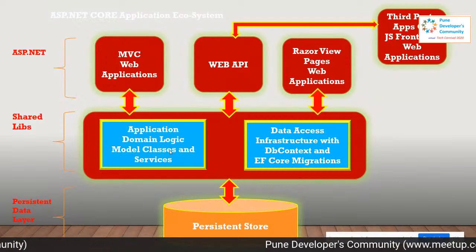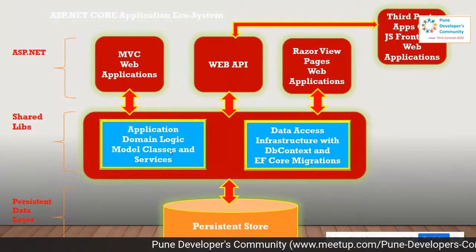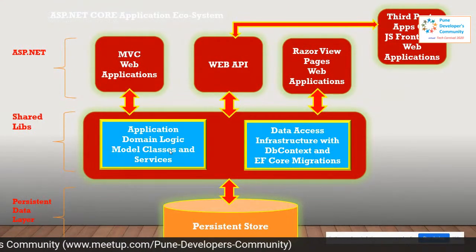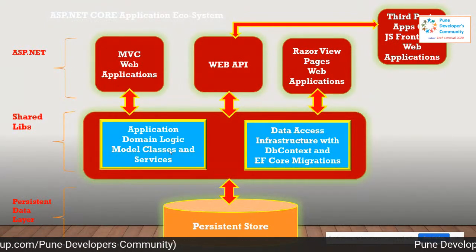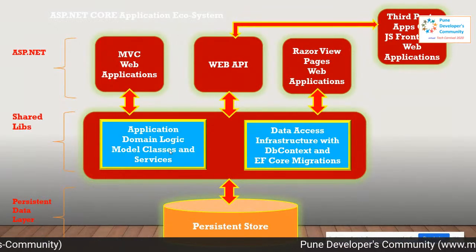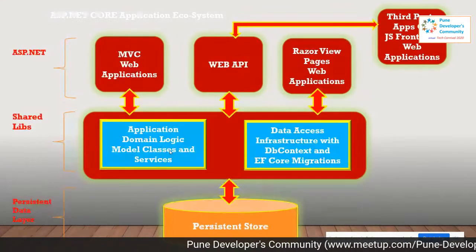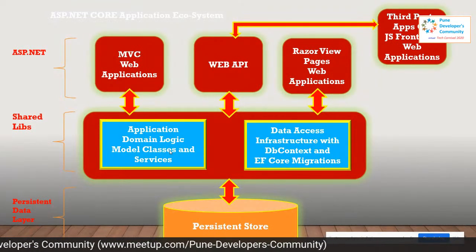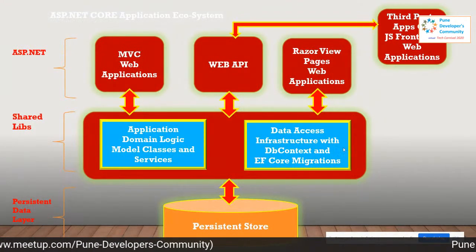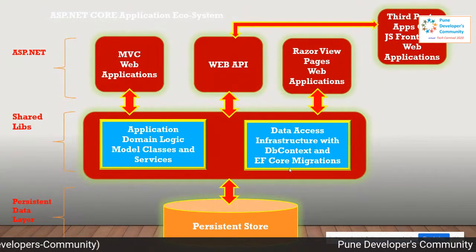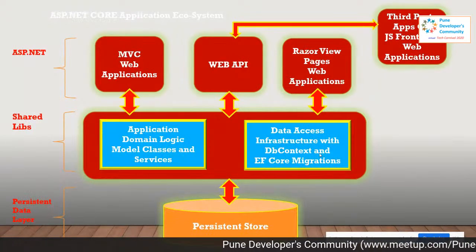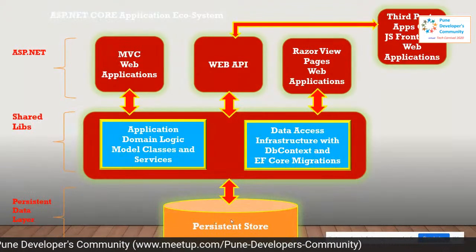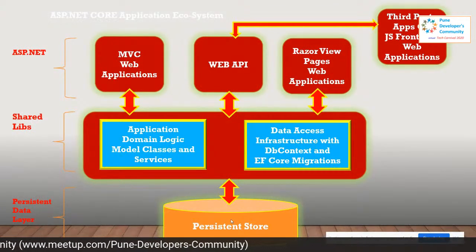The choice is yours, by the way. But if you are developing an application from scratch, and you are not sure about the database service that will be used for persistent storage by your customer, then it is advisable to use the code first approach. So you can go for an appropriate approach, and with the help of DbContext and its corresponding migrations, you can interact with the persistent storage.